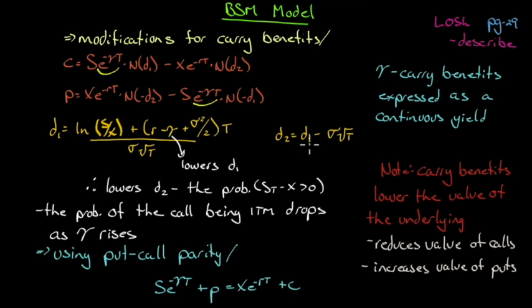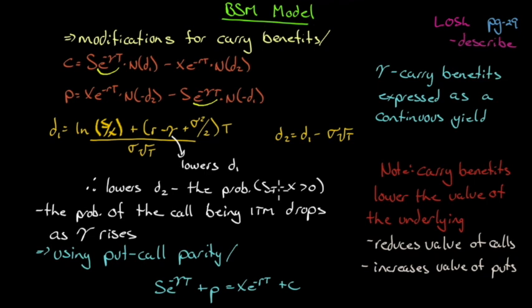We have a lower value for D1, we have a lower value for D2. Remember, we said we can think of D2 as the probability that ST minus X is greater than 0, or the probability that the call finishes in the money. That final stock price minus the strike price being greater than 0 means the call's in the money. So if a stock pays a dividend, does it lower the probability that the call will finish in the money? Well, think about it. Let's say we have a stock at 100 and a strike price at 100 for 1 year.